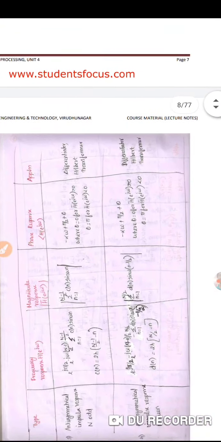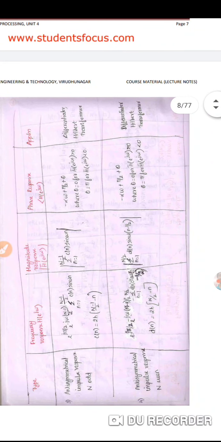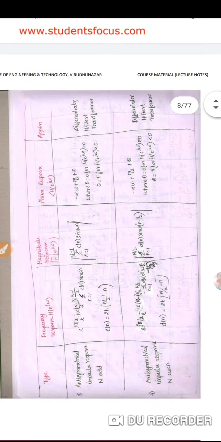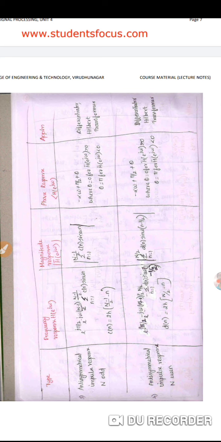Let us see two more characteristics of linear phase FIR filters when they are asymmetrical about the zero axis. So, asymmetrical impulse response when n is odd. The frequency response is given by e power j pi by 2.